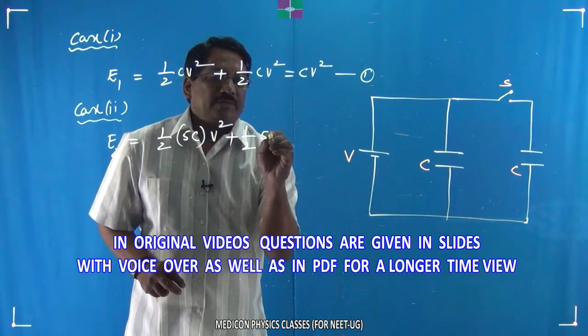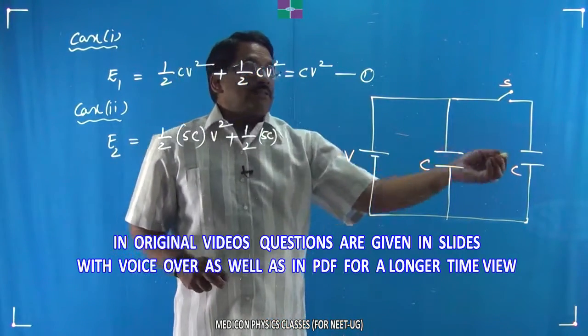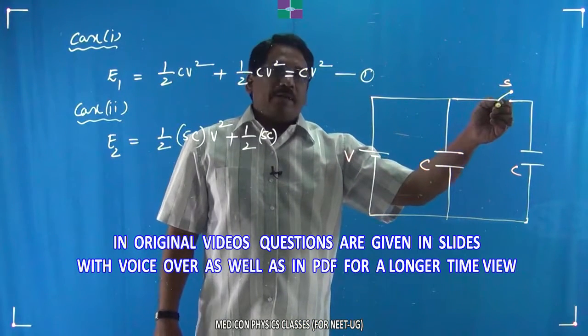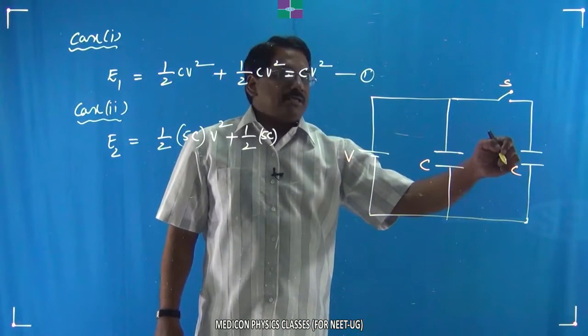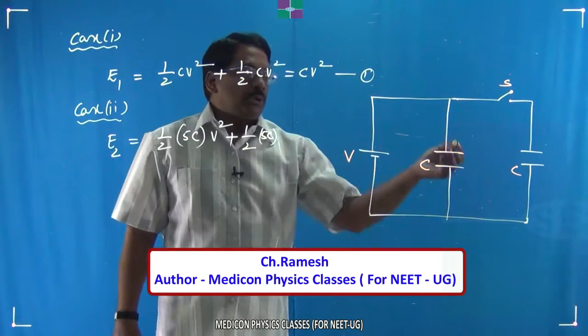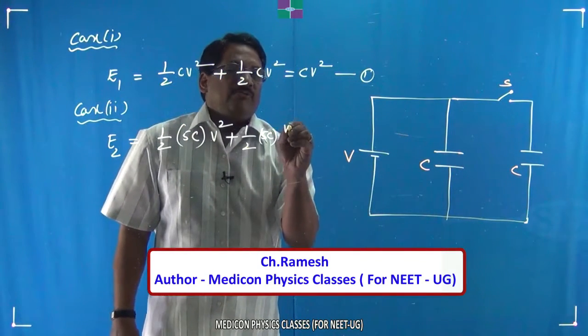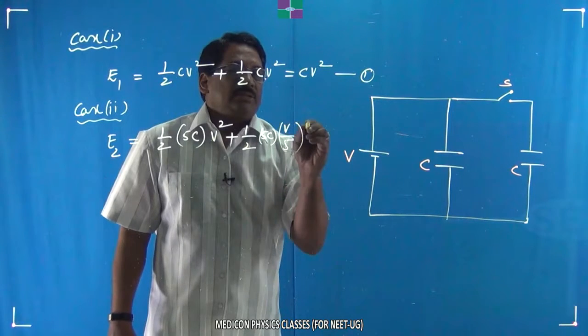So here it is 5C. But because the switch is open, as the charge is to remain constant, the potential will be reduced to 1 by 5 times. So V by 5, this whole square.